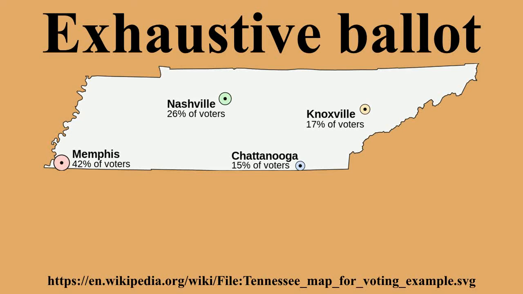Tactical voting. Like instant runoff voting, the exhaustive ballot is intended to improve upon the simpler first-past-the-post system by reducing the potential for tactical voting by avoiding wasted votes. Under the plurality system, which involves only one round, voters are encouraged to vote tactically by voting for only one of the two leading candidates, because a vote for any other candidate will not affect the result.